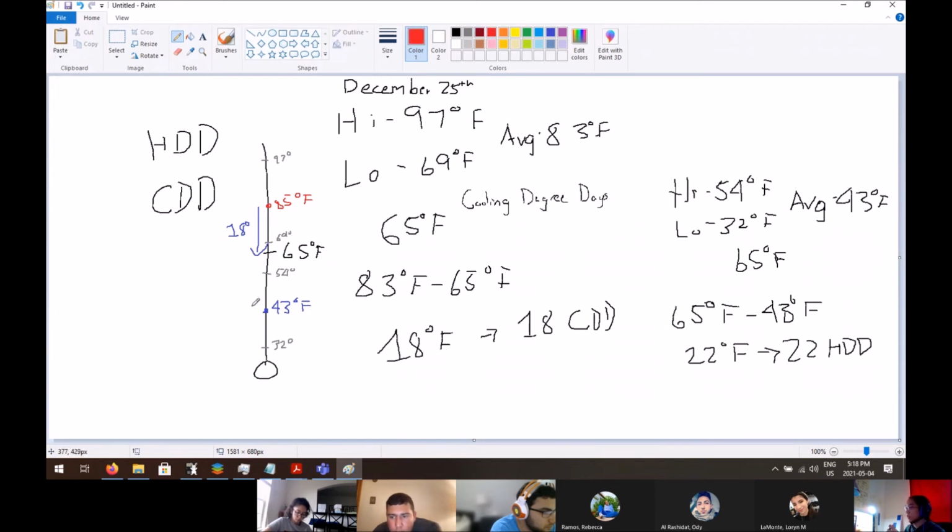So we have to heat it up by 22 degrees to reach 65 degrees. 22 heating degree days. So if your average temperature is lower than 65 degrees, then it would have to be converted into heating degree days. If it's higher, it would have to be converted into cooling degree days.